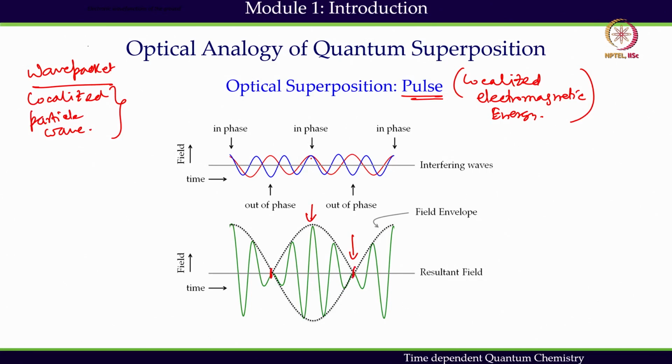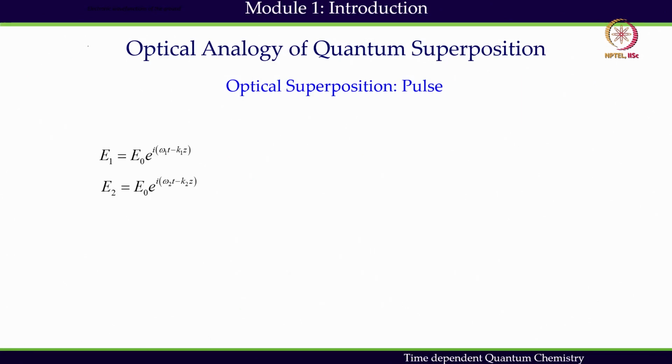When we look at this, we will be able to define the optical pulse creation, because the total electric field will be defined in the following way. Total electric field is nothing but E naught e to the power i(omega 1 t minus k1 z) plus E naught e to the power i(omega 2 t minus k2 z).